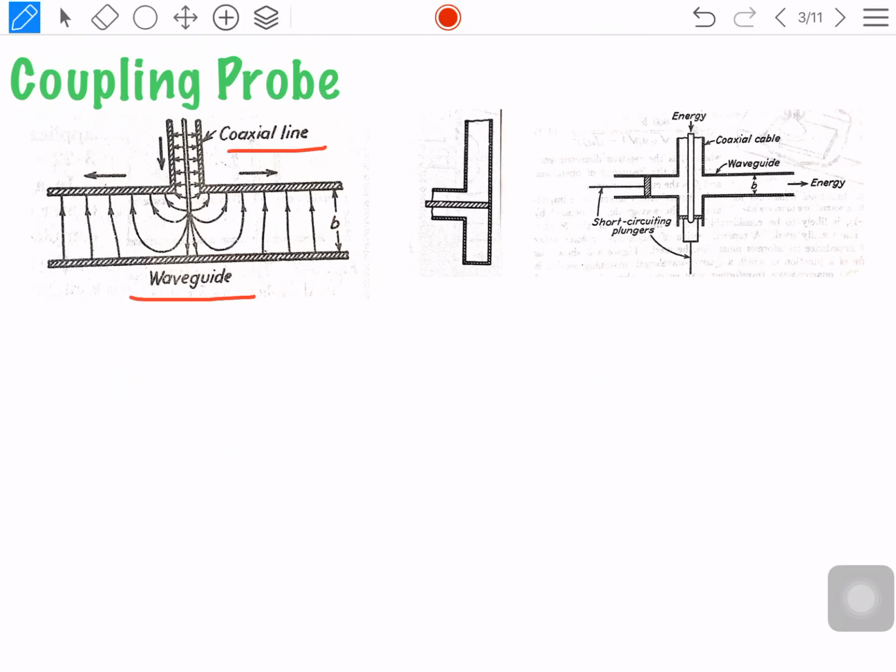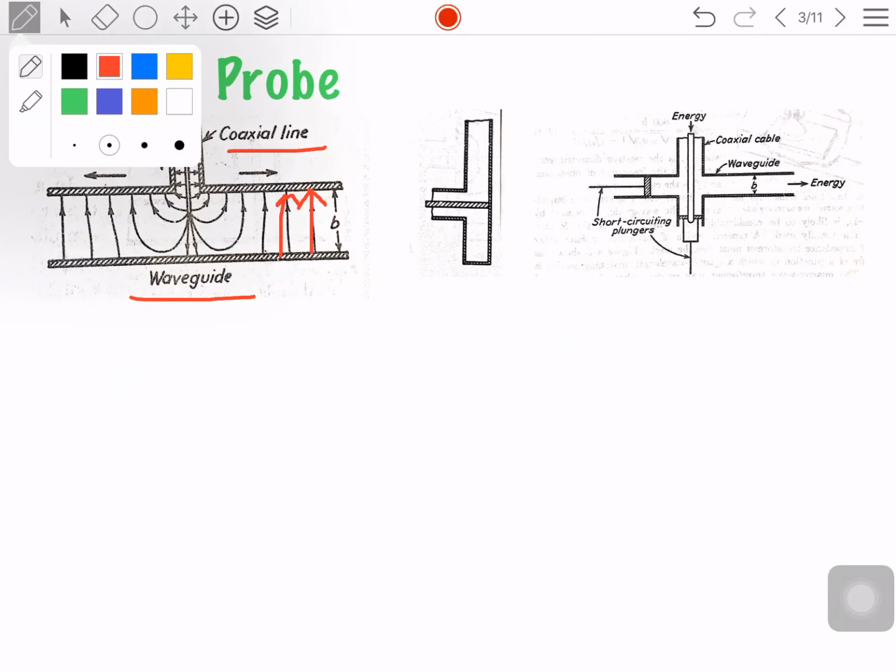In this waveguide, the direction of the field is upward. Now, if you want to couple a coaxial cable to this type of waveguide, the probe should be parallel to this electric field.